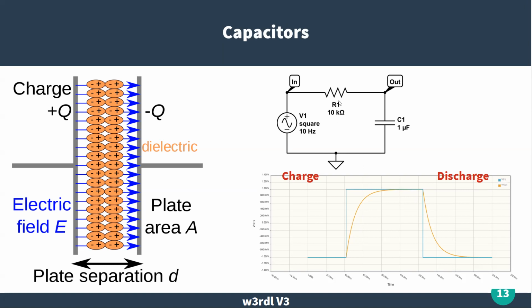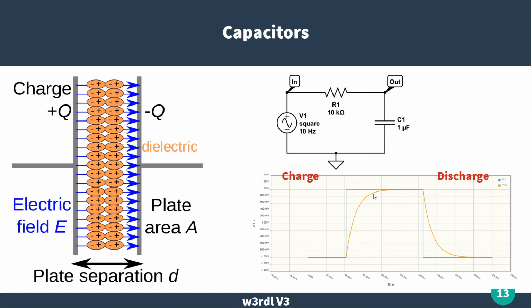Since the current's being limited by this resistor, you see the voltage go up as we charge that capacitor. Now, it turns out that the product of the capacitance and the resistance is what we call a time constant. So if you multiply those two together, you get the time constant in seconds.